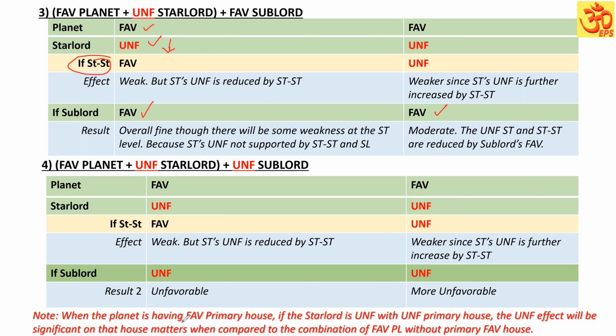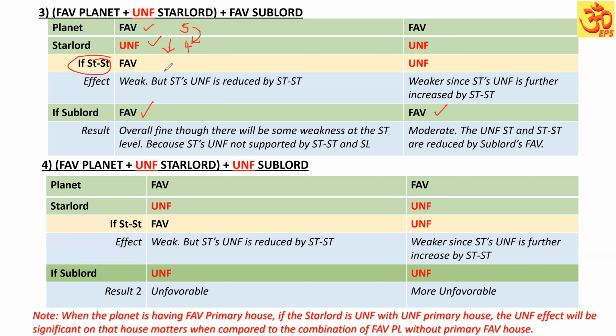When the planet has a favorable primary house for an event, and the star lord is unfavorable with an unfavorable primary house, the unfavorable effect will be significant on the house matters when compared to the other combination, wherein the planet is favorable but without the primary favorable house. Because if it has, say, the 5th house, and the star lord has the 4th house, that is going to get more impact. I hope you have understood.